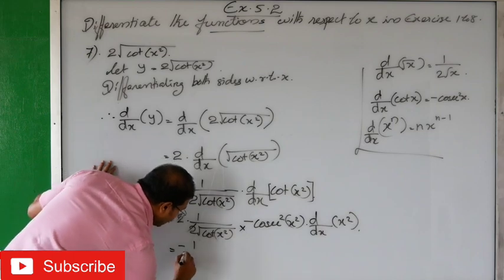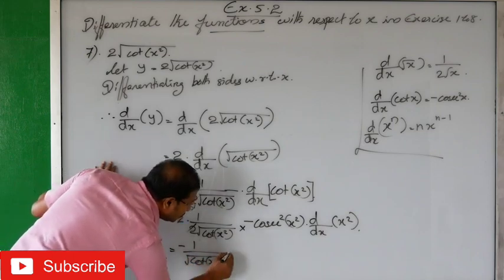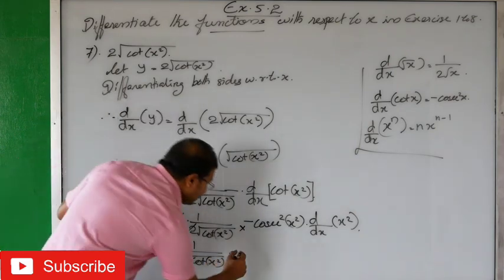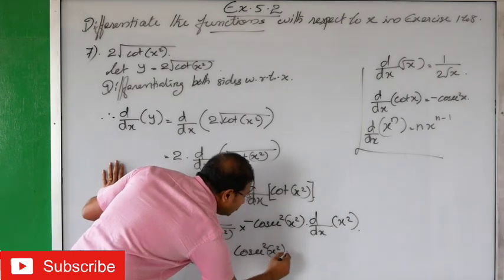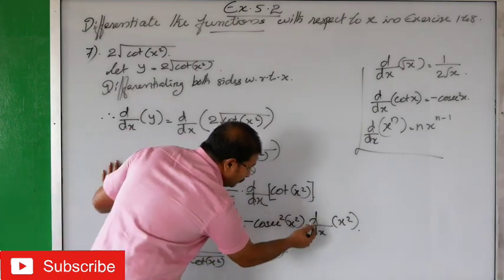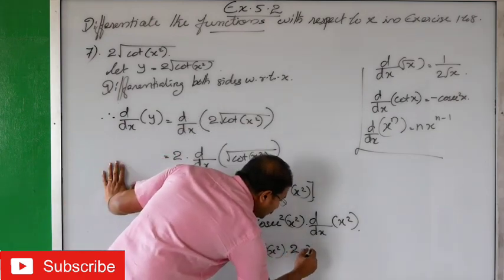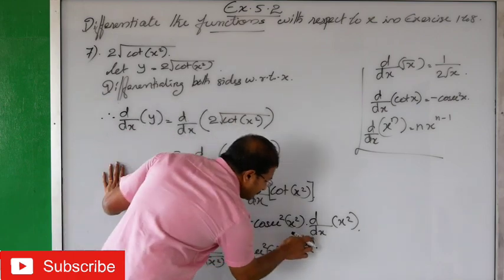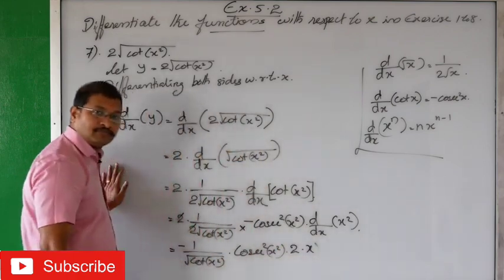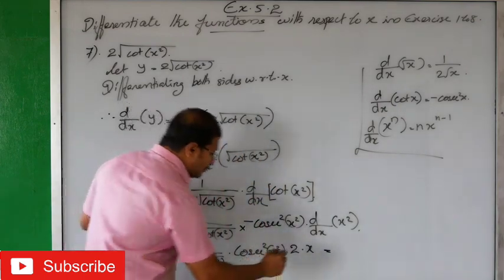Minus 1 by root of cot x square into cosec square x square into, what you will do? The derivative of x square means what you will do? 2 into x raised to 1, otherwise you can just write 2x. This equals, what you will do?